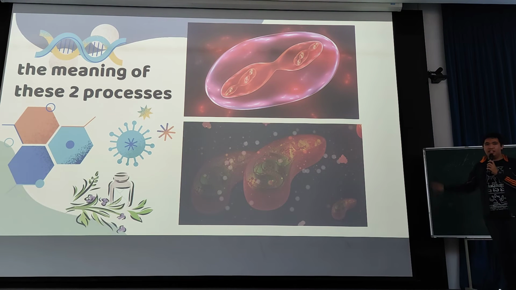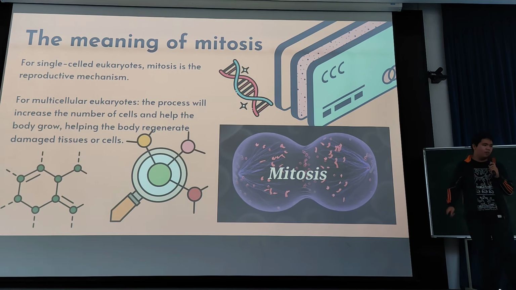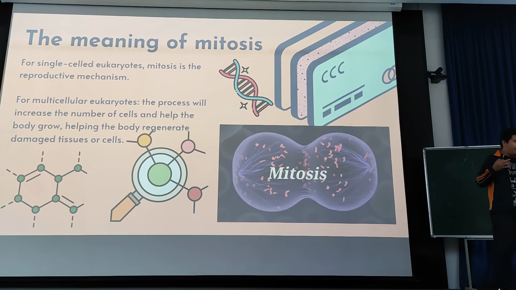Okay, and here is the last part of my presentation. It's about the meaning of the process of mitosis. About the meaning for single-cell eukaryotes, it is the reproductive mechanism.